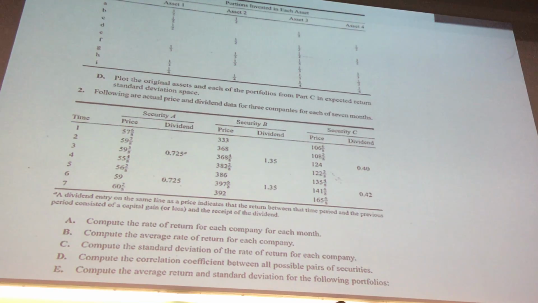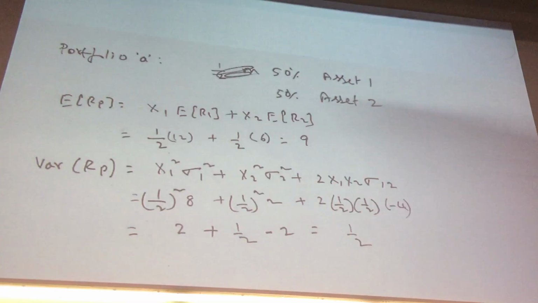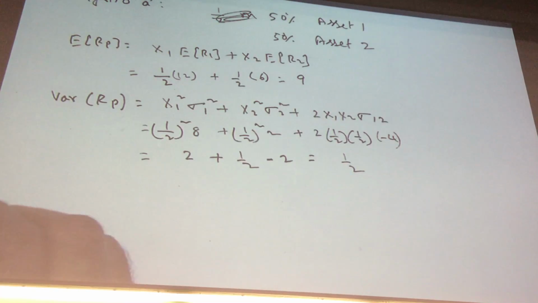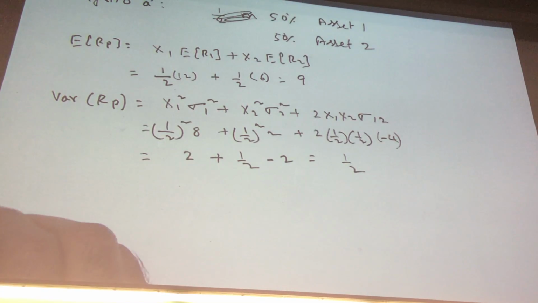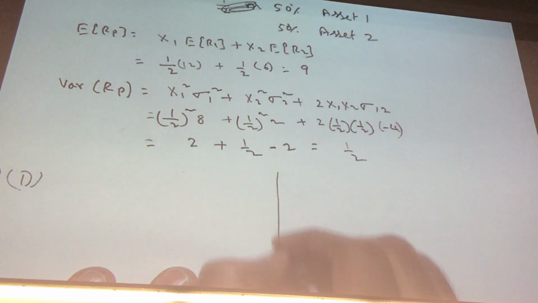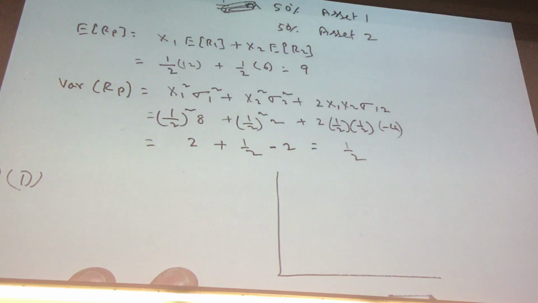For each and every portfolio, you have a pair of numbers, expected return and variance. And each asset has a pair of numbers, that is also return and variance. For part D, question 1, you need to plot these things.